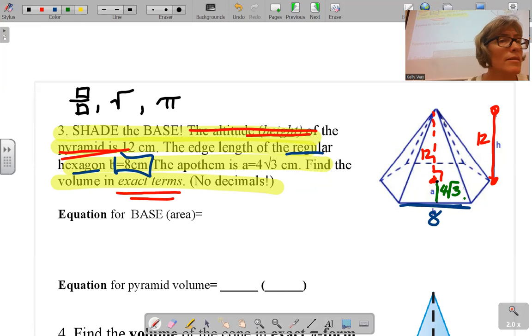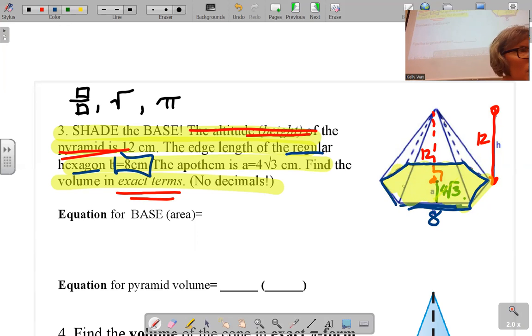You guys ready? Shade base equations. Circle, plug and chug. Shade that, and trace it. Okay, ready? Sean, what shape is this? What's the shape? But more specifically, a what?